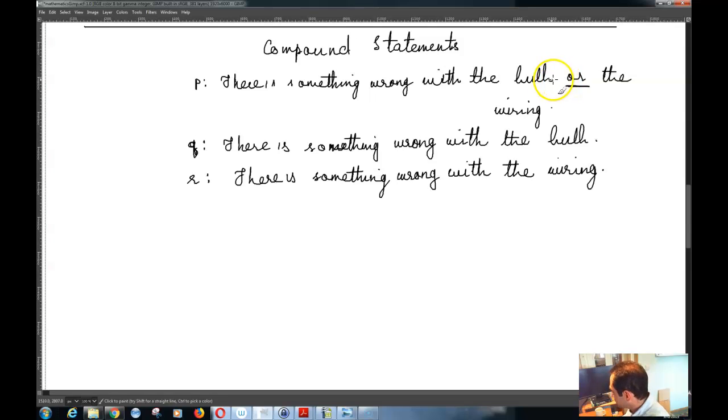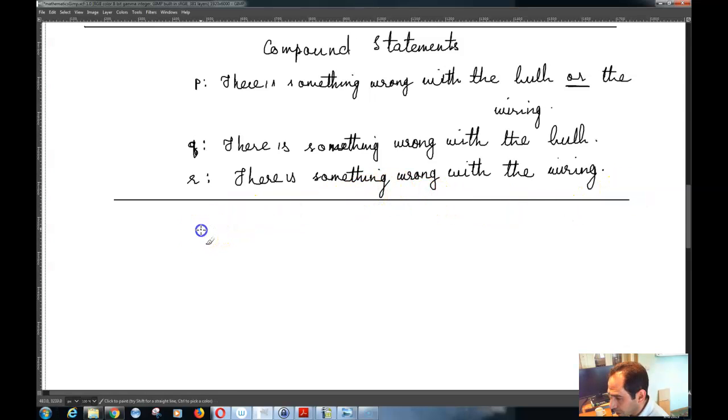Now suppose two statements are given as P and Q. Statement P is 7 is an odd number, and statement Q is 7 is a prime number.